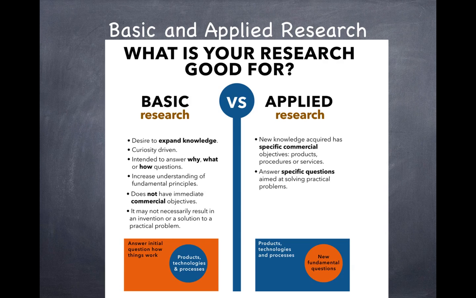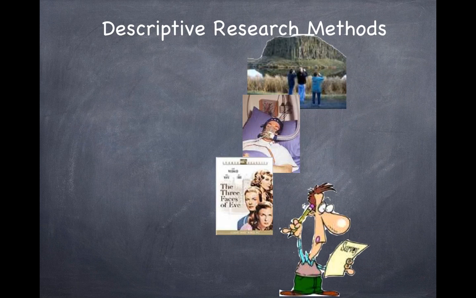Now, we're going to look at a variety of different ways to do research. There's a form of descriptive research, naturalistic observation. This is where researchers observe and record behavior in its natural setting without influencing or controlling it. What I used to do for 20 years was behavior consulting, and part of what I did was naturalistic observation.